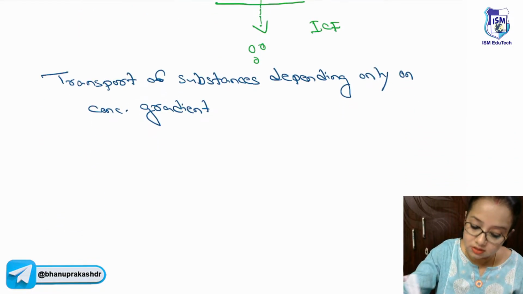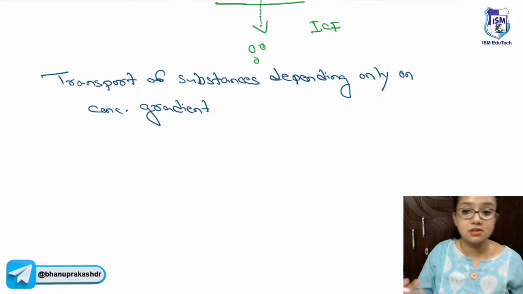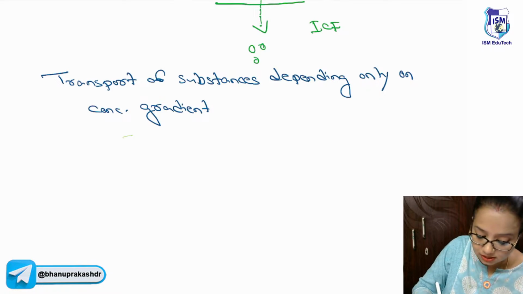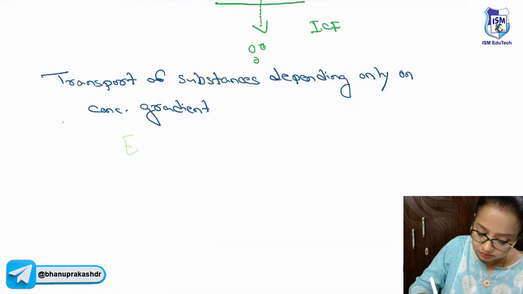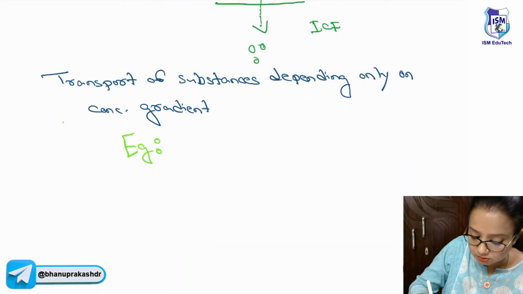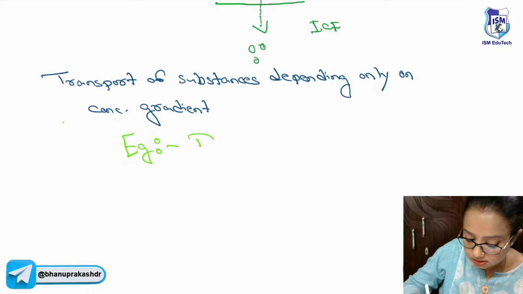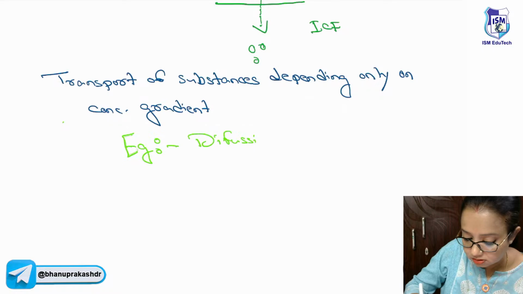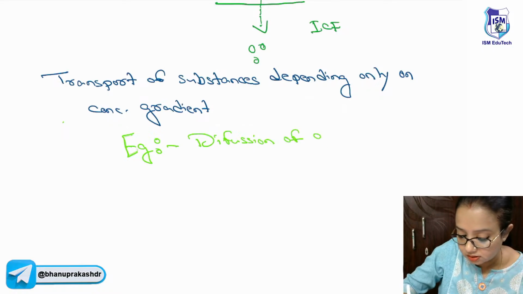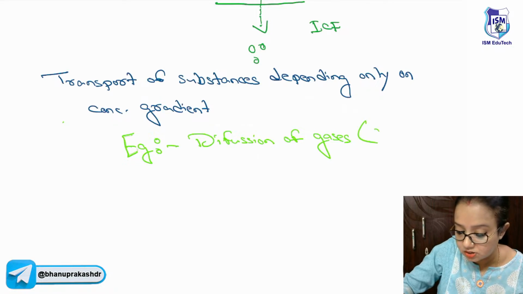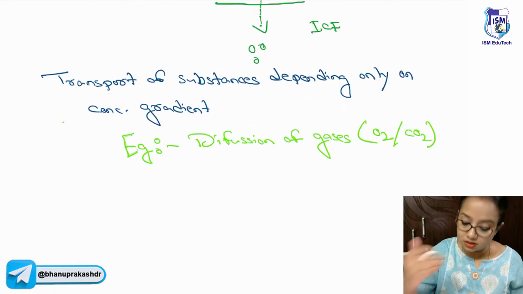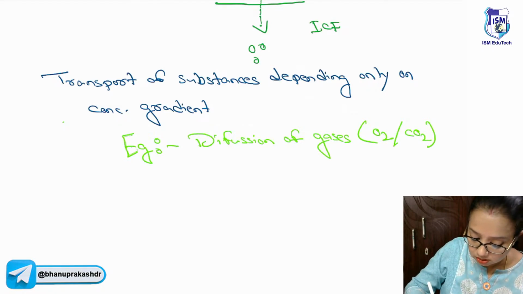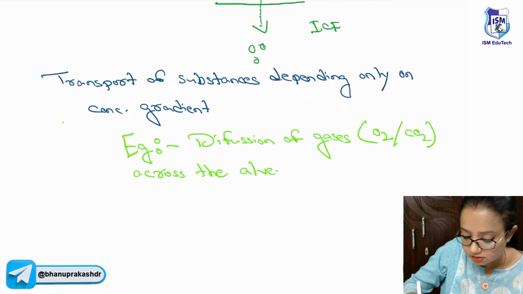Now, inside our body, within our system, where is this simple diffusion taking place? A very good example of this simple diffusion happening in our system is diffusion of gases, that is oxygen and carbon dioxide, from the atmosphere into the lungs across the alveoli.